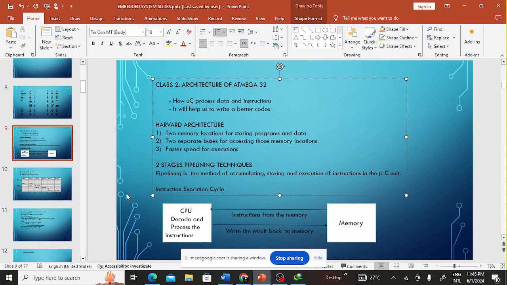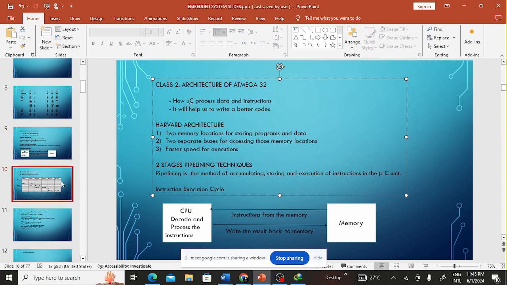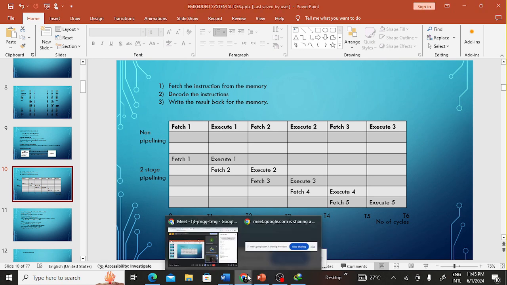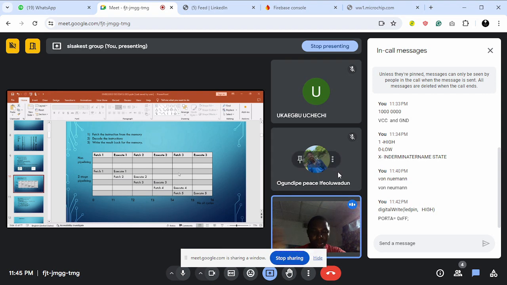So let's look at this slide that explains pipeline. The processes are shown on this line, and on this line downward you see the number of cycles. Where is this number of cycles coming from? Let's get this together once and for all.